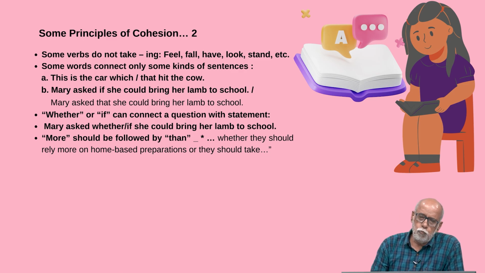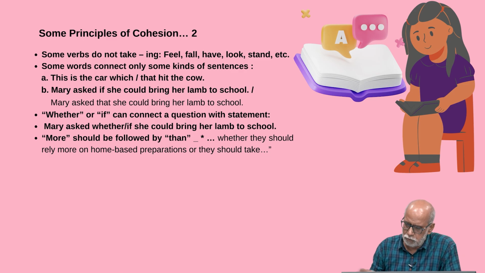Similarly, when you use a word like more, then it is good to use than. You cannot say, should I rely more on X or Y. You will have to say, should I rely more on X than on Y. That will be the right construction. Therefore, whether they should rely more on home based preparation or they should take, this is incorrect.